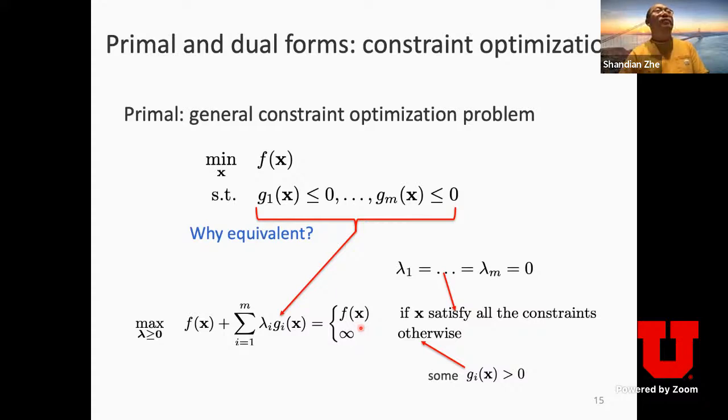That's situation 1, right? So for situation 2, if in the outer level, the fixed x does not satisfy all the constraints, at least it violates one constraint, say some g_i(x) is bigger than 0, then what's the maximum value we can get from maximizing the Lagrange function?